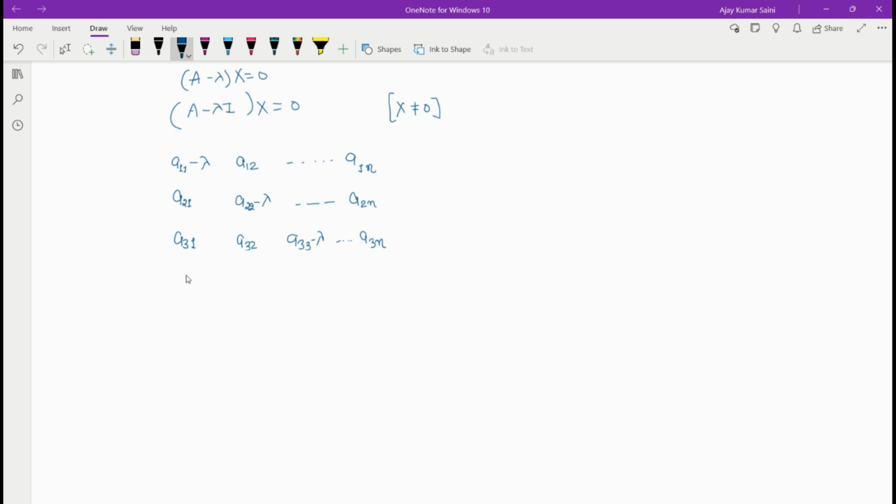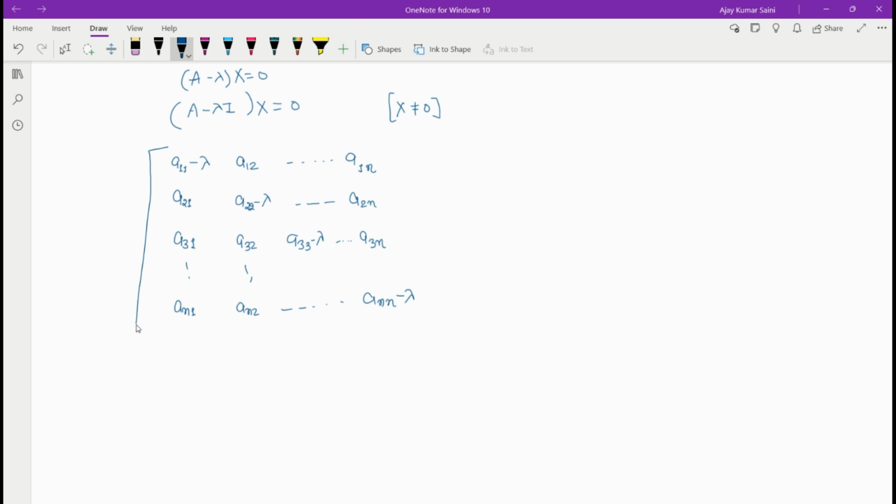Okay, so after that it is till an1, an2 until ann minus lambda.